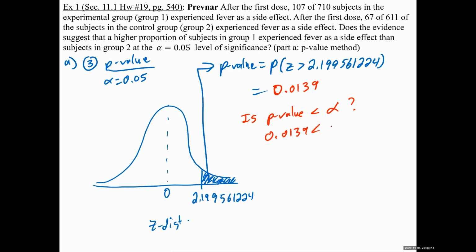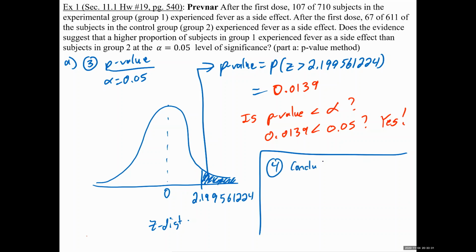Is 0.0139 less than 0.05? The answer is yes. When the p-value is less than alpha, the conclusion is reject H0. If the answer had been no, then the conclusion would be do not reject H0.